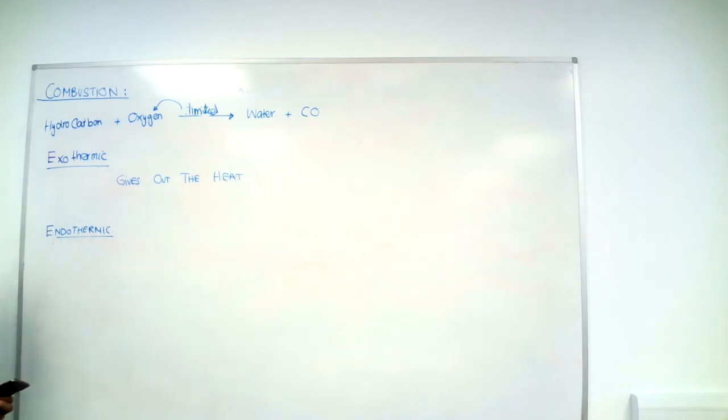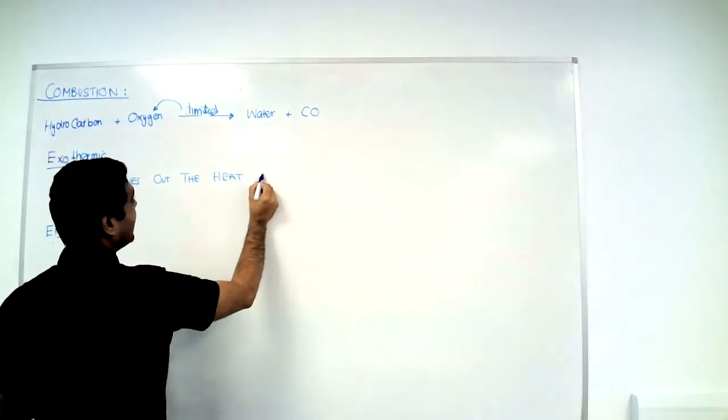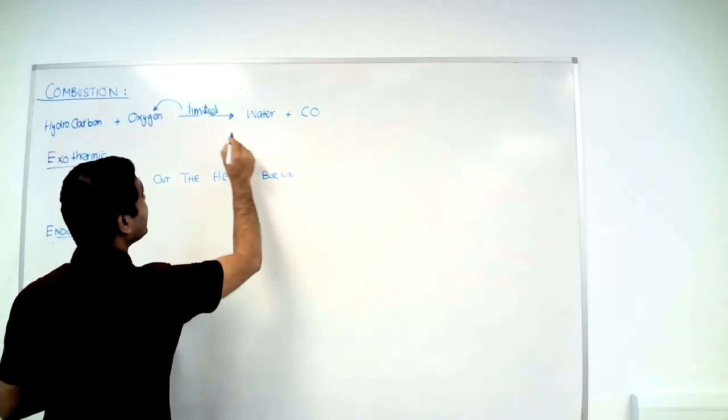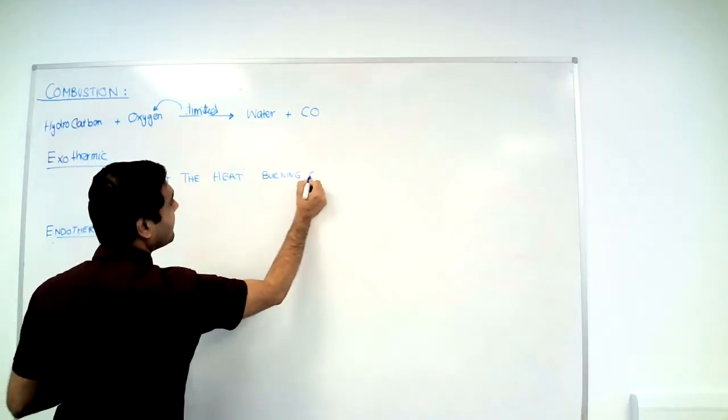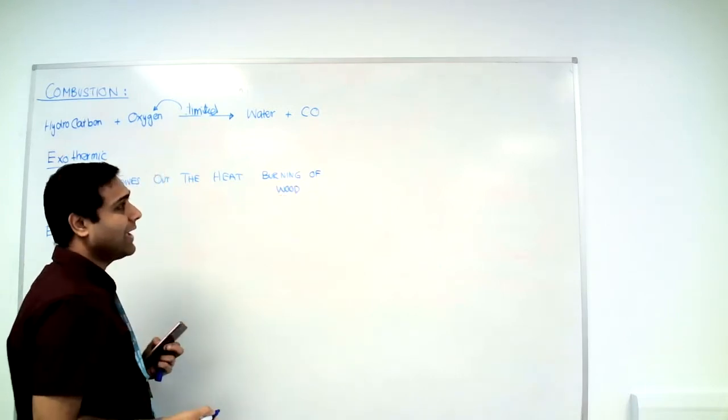Remember, energy cannot be created nor destroyed. So the products after an exothermic reaction will have a lower value of energy. Let's say burning of wood is an exothermic reaction.